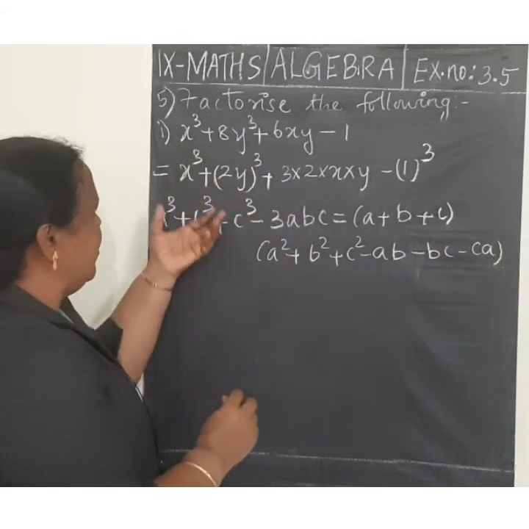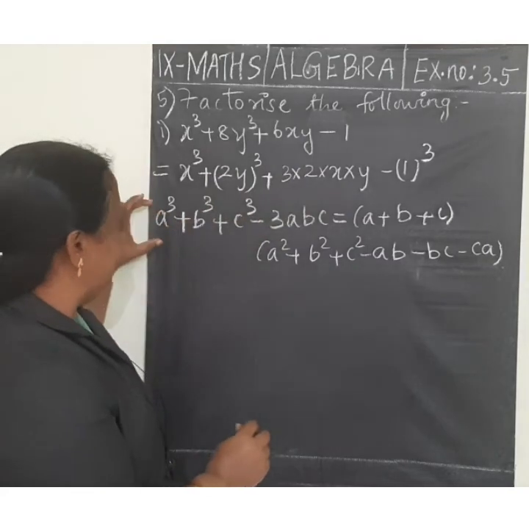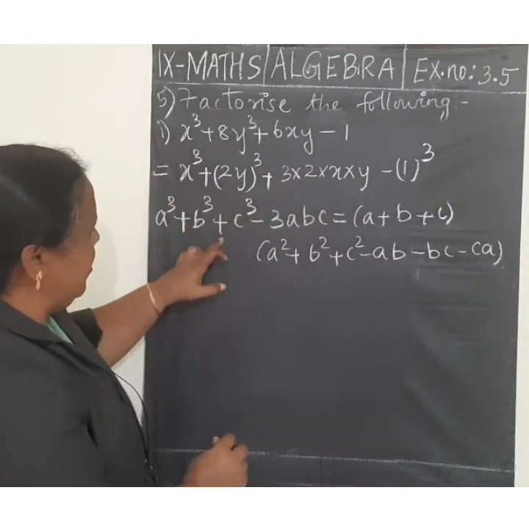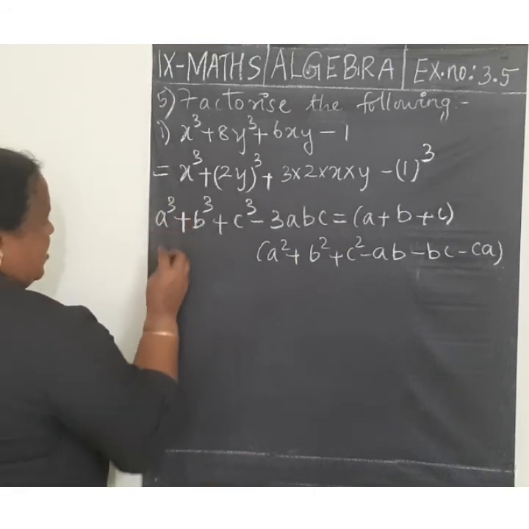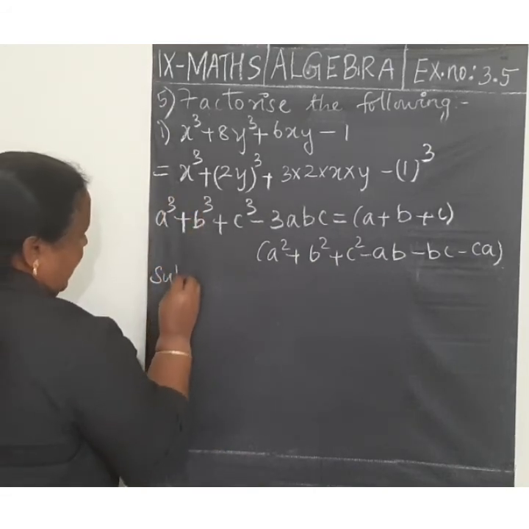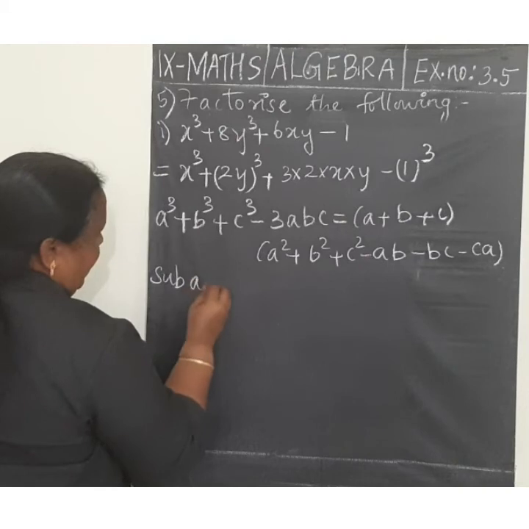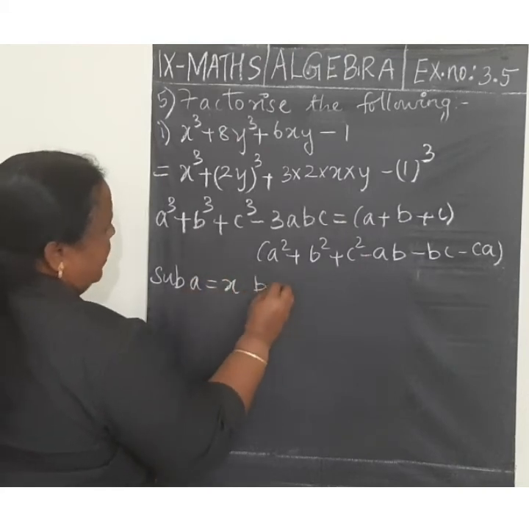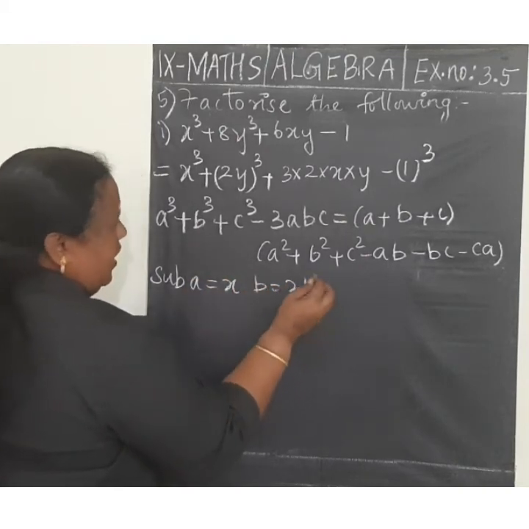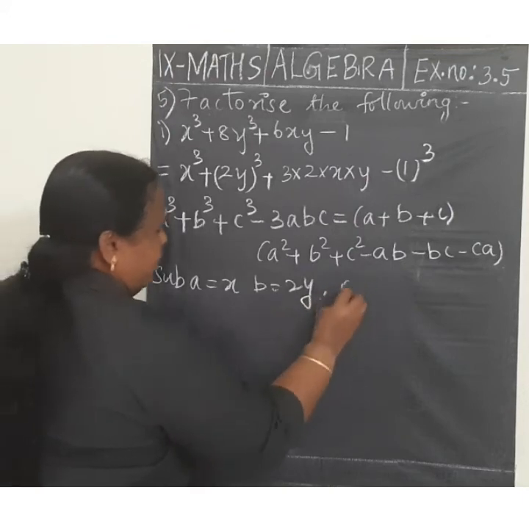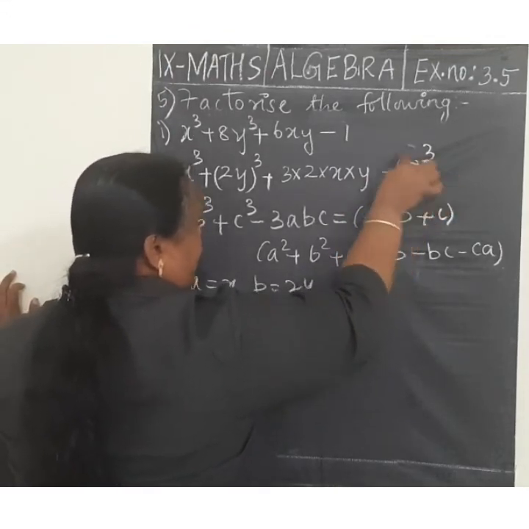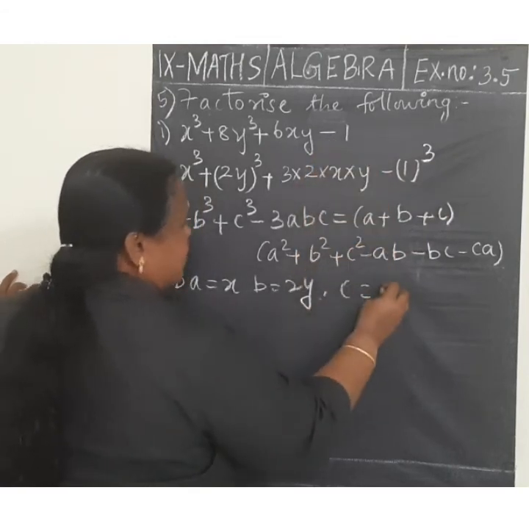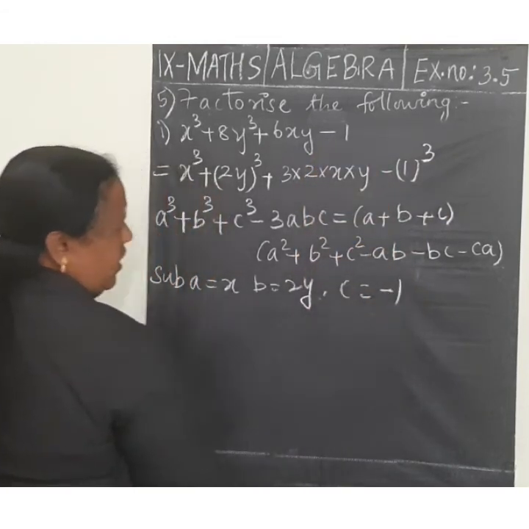First we have to write the given question in this form: a cube plus b cube plus c cube minus 3abc. So first we choose the substitution: a is equal to x, b is equal to 2y. Now c is equal to minus 1, since here we want minus.